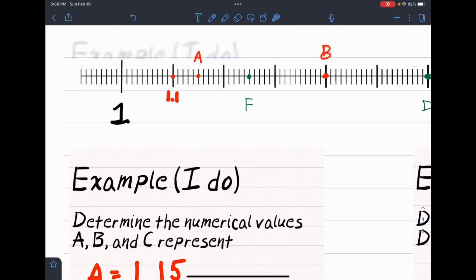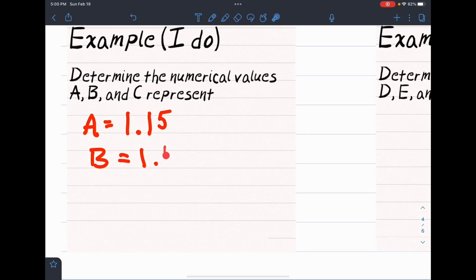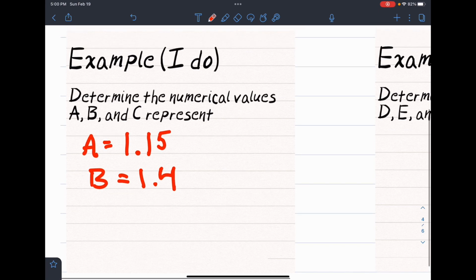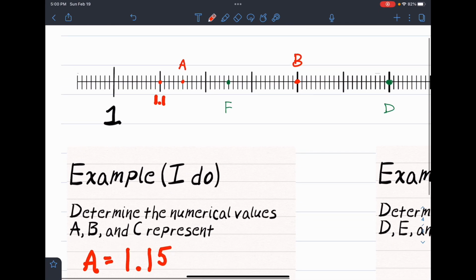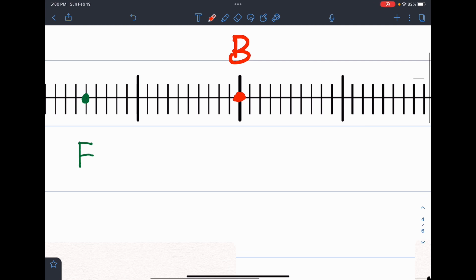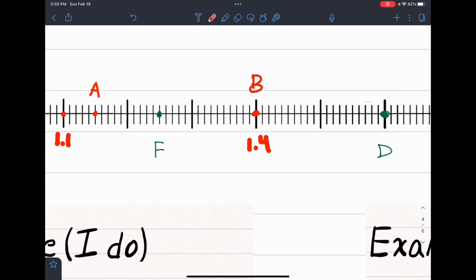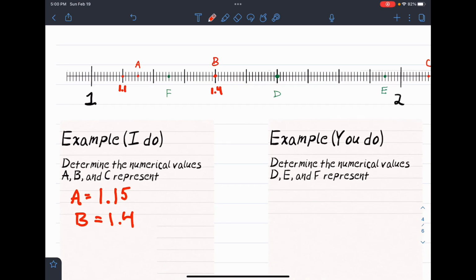So it is 4/10. And are there any hundredths? No. The point is exactly on the 4/10 spot. So this point here represents 1.4. And that's exactly what we have right here.